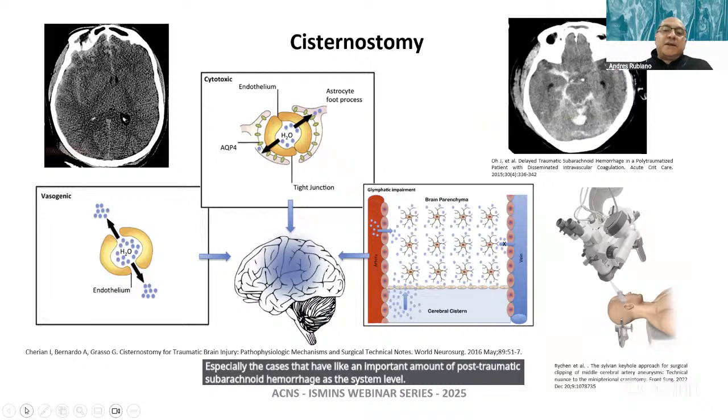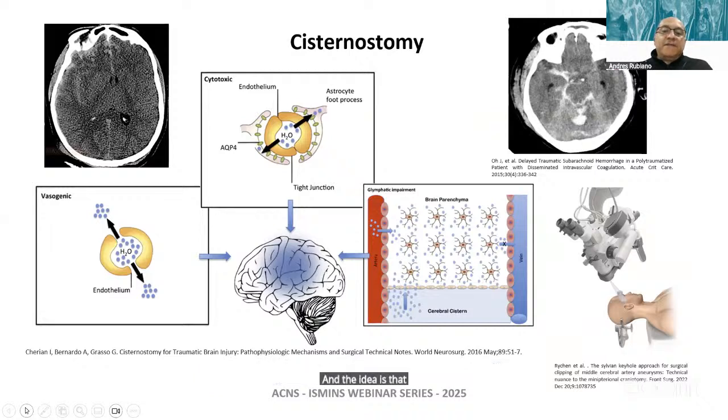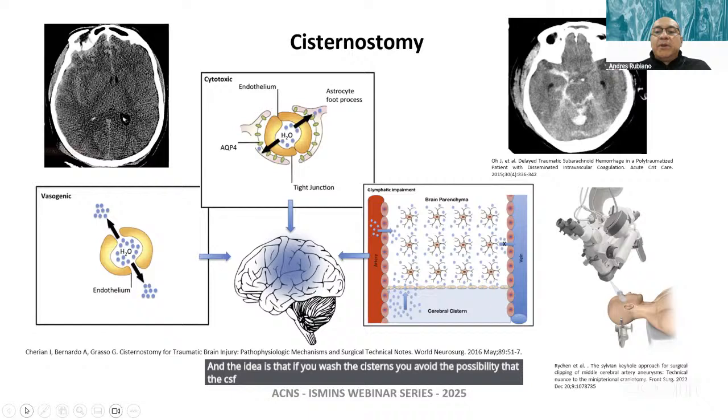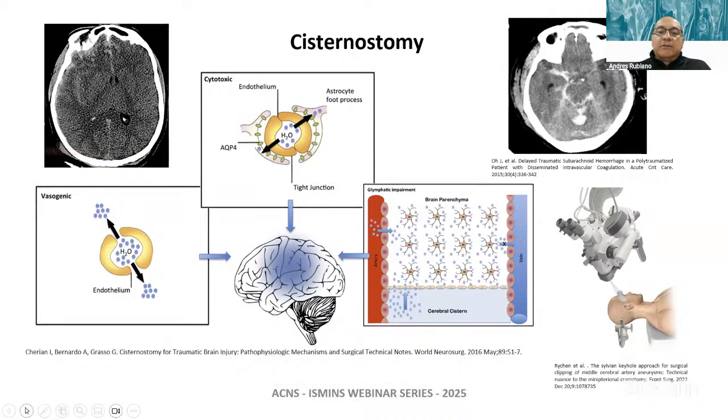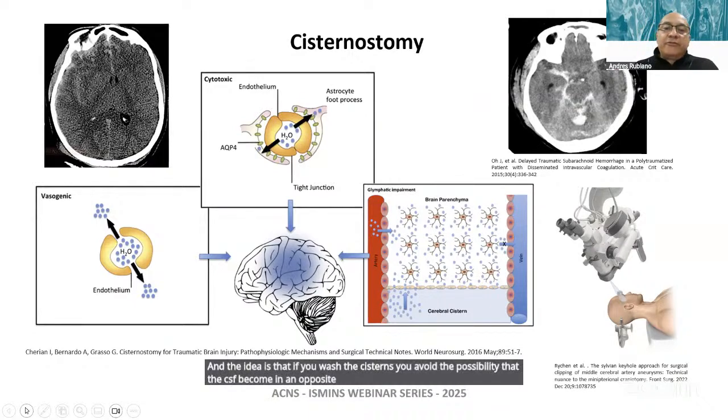And the idea is that if you wash the cisterns, you avoid the possibility that the CSF takes an opposite or reverse flux through the virtual Robin spaces, generating increased brain edema in TBI patients.